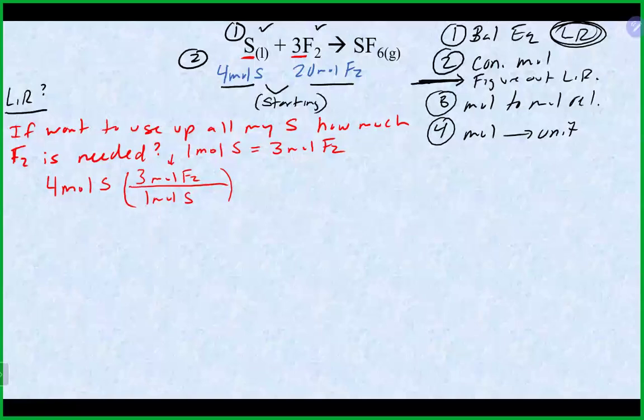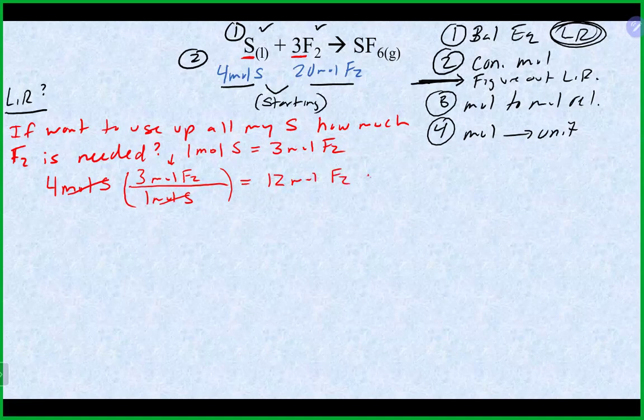This is just like doing stoichiometry like we did previously. This is going to cancel out our moles, and that's going to tell us that we need 12 moles of F2. So 12 moles of F2 is needed to use up all of the sulfur we started with in this reaction. First off, any question on that calculation?